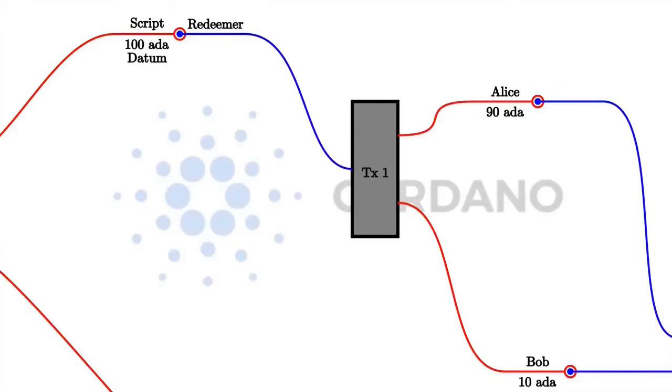There's also a higher level version that we will look at later in this lecture, where it is possible to use custom Haskell data types for datum and redeemer, which is often much more convenient because you can choose appropriate data types that play well with the domain you're working in.